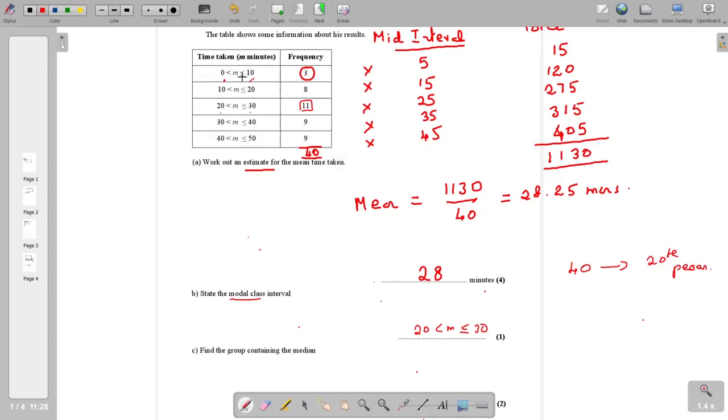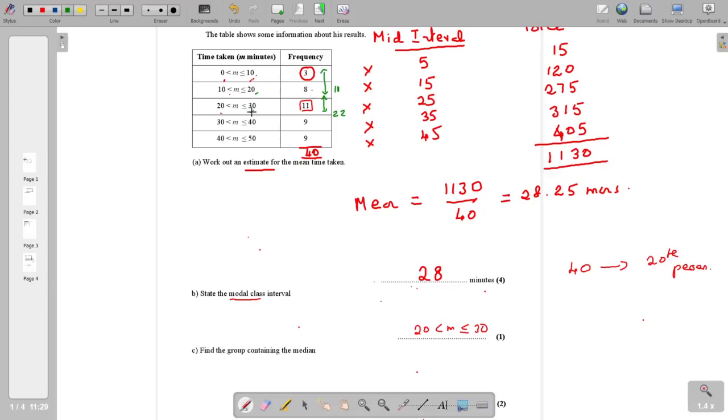The first 3 lie between 0 and 10. Next 8 lie between 10 and 20. So from here to here, 11 friends lie up to 20. Then the next 11 are between 20 and 30. So up to 22 is up to 30.